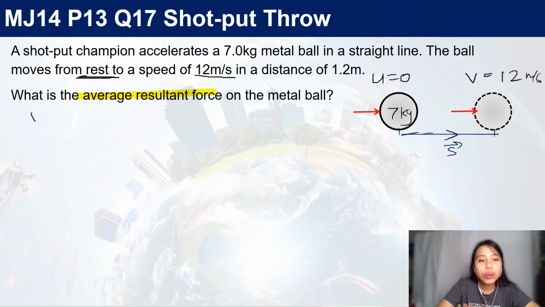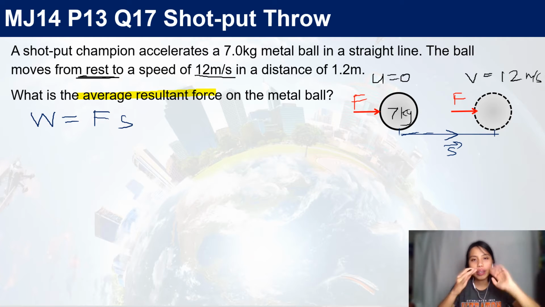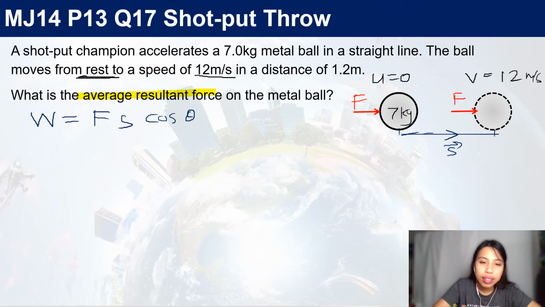We know that work done is force times a certain displacement. Here the force is in the same direction as displacement, so all is good. They're parallel, so we don't need to worry about cos theta. Theta is the angle between F and s, which is 0, and cos of 0 is just 1. So it's pretty much insignificant. Okay, so we have force times distance.